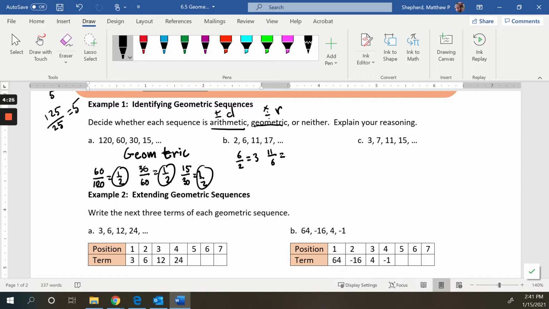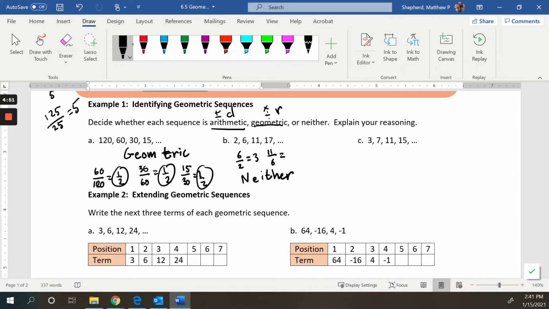And so, yeah, it's not geometric either. This is neither. Neither of those methods, either finding a common difference with subtraction or finding a common ratio with division, yielded anything in common. Therefore, it's neither.